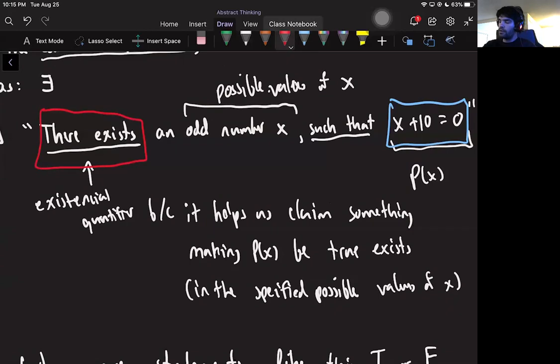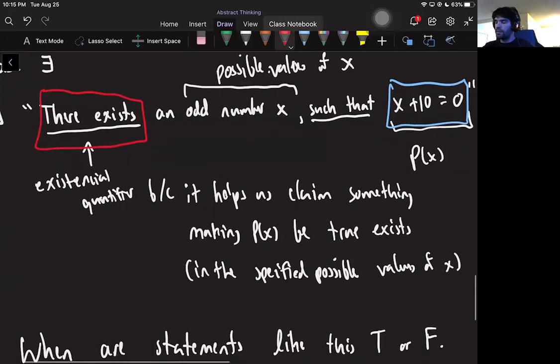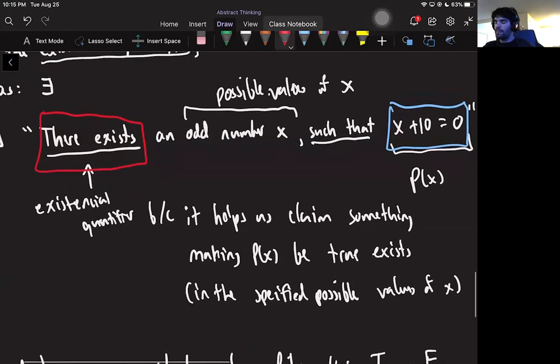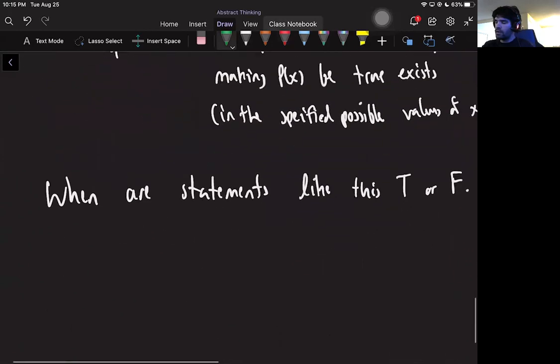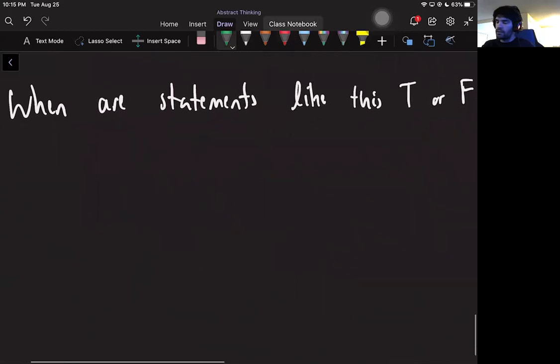The quantifiers are not statements on their own, but together they create a statement. So we want to assess the truth value of the entire statement as one big thing, which means we're not zooming in too much on equations. We're not just saying, okay, that's an equation, I'll solve that. No, we're thinking about it all in one big context.